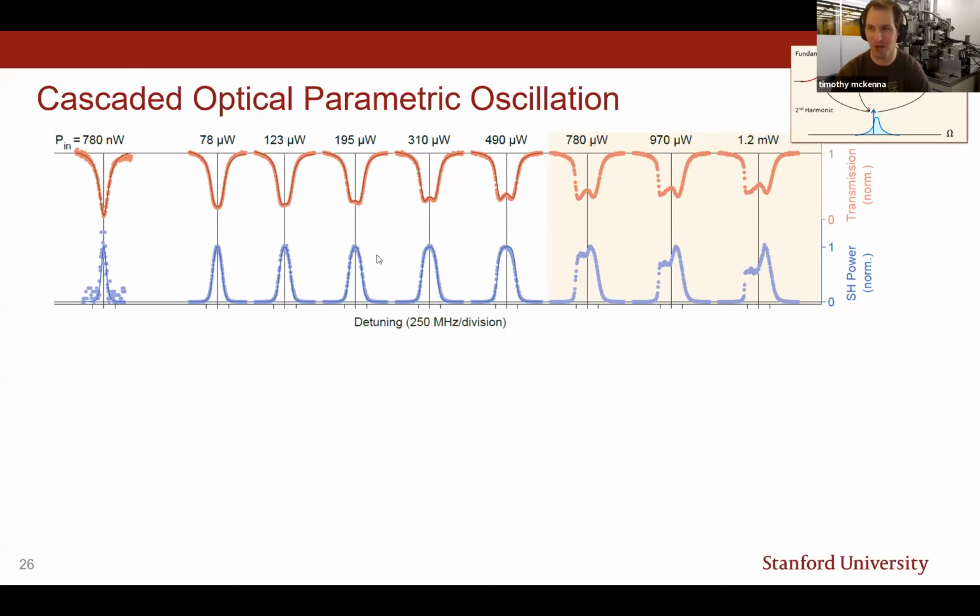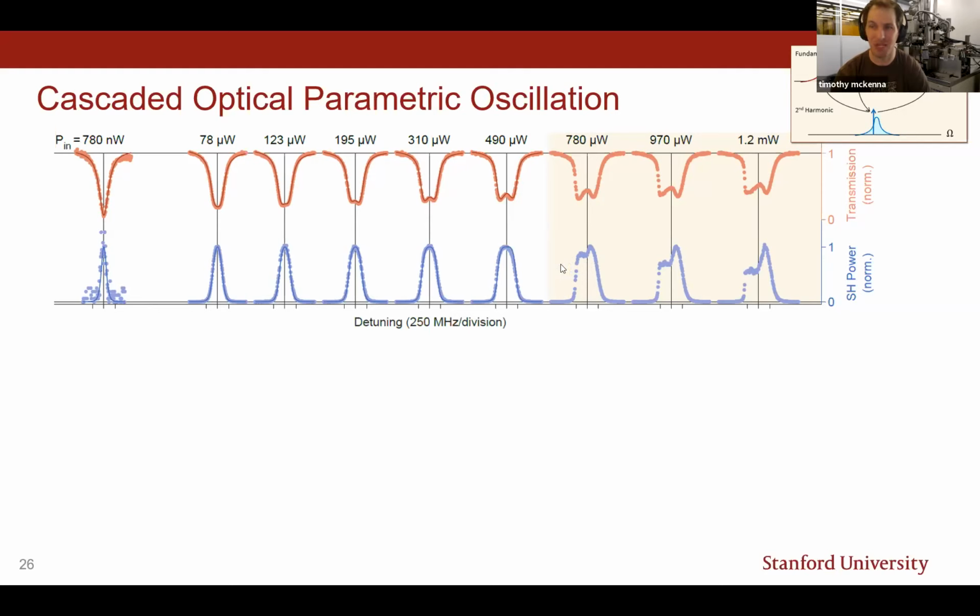If you keep going and venture into this dark yellow region, you'll see that line shapes become asymmetric. Let's especially pay attention to the second harmonic line shape, which is these blue curves. After a while, for negative pump detunings, so detunings to the left of this black line, we see that the second harmonic power starts to drop.